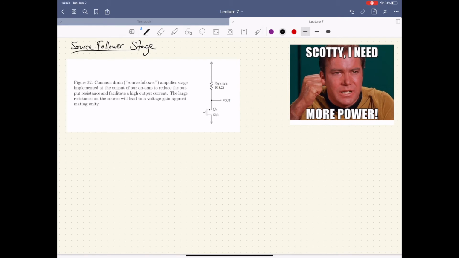Scotty, I need more power. Okay, if you're an electrical engineer and you haven't watched Star Trek, your education will not be complete. You need to watch at least one of them. The original's fine. Okay, I gotta make a quick side note here.